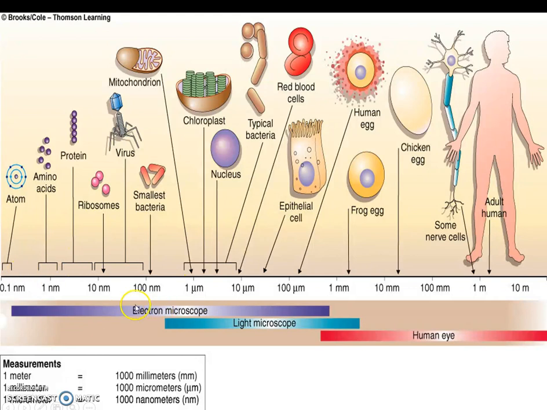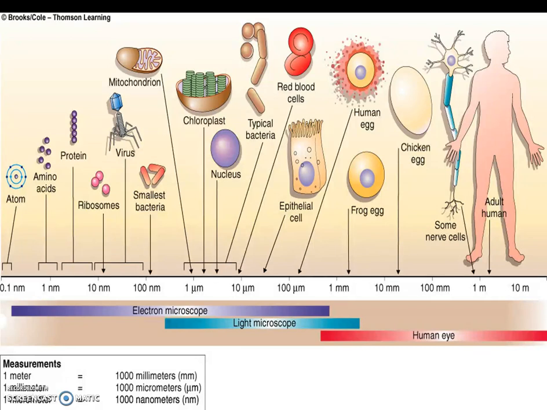So electron microscopes give us the ability to see very small bacteria, viruses, ribosomes, protein, amino acids, and then we haven't quite gotten to the atomic level yet, although I don't know, part of me kind of thinks that maybe some governments or some very, very rich companies may have microscopes that can see at the atomic level. I don't know. But the technology is definitely getting better and better to the point to where we can almost see at the atomic level.